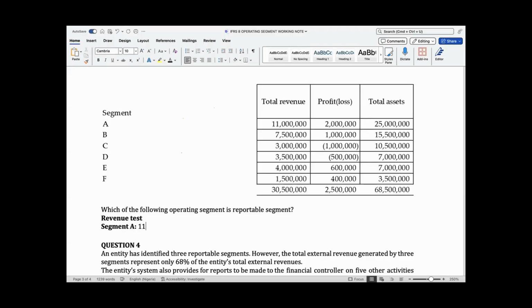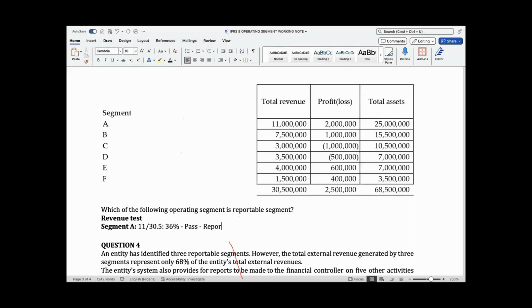Let me just say 11 since there are 3 zeros, divided by the total revenue, which is 30.5. So what's 11 divided by 30.5? That's 36%. So it passes.